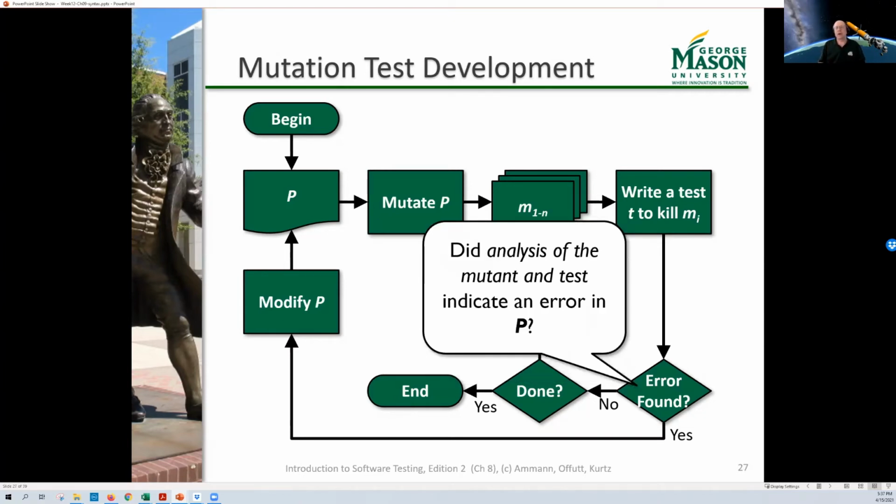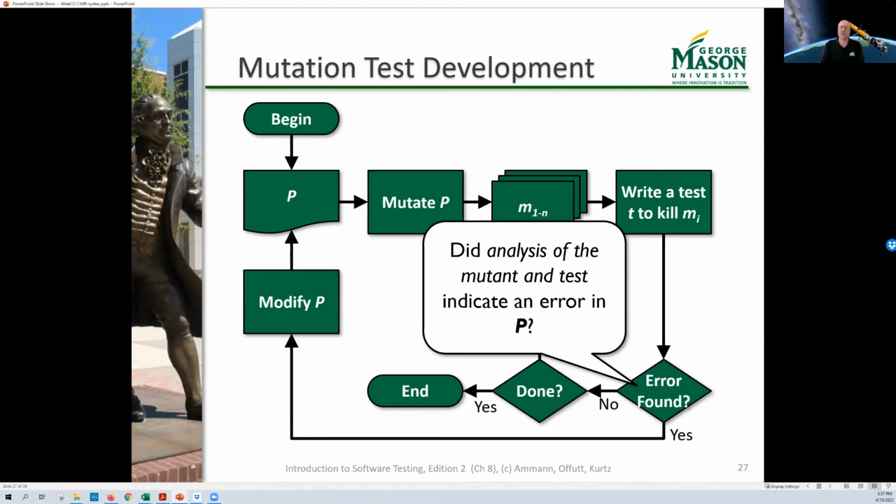Then we need to think about whether we've found an error here. And the error isn't in the fact, whether there's an error in the original program, it's not the killing of the mutant that tells us there's an error in the original program. It's actually what we have learned along the way as developers. As I was examining this mutant, trying to come up with a test case that would kill it, did I discover something about my original program that was incorrect?